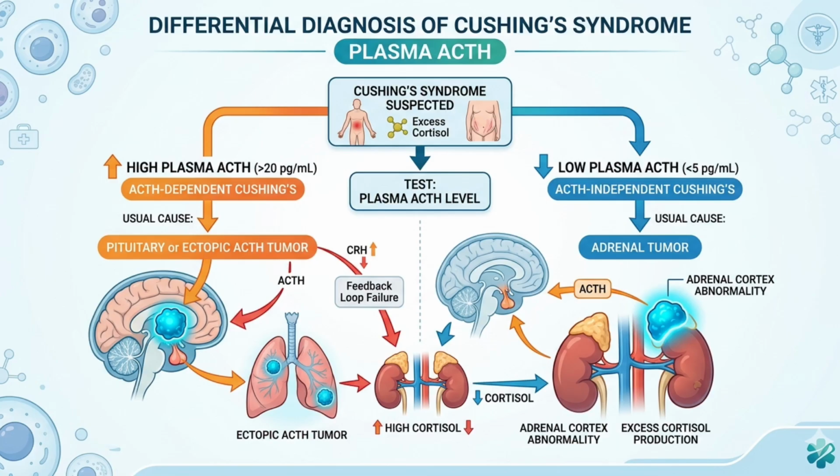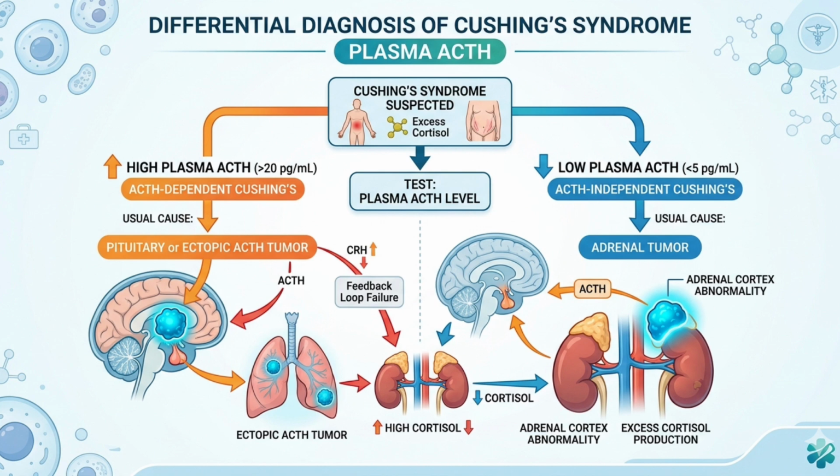To diagnose the cause of Cushing syndrome, we measure plasma ACTH. If ACTH is high, typically above 20 picograms per milliliter, the condition is ACTH dependent. This usually indicates a pituitary adenoma, known as Cushing's disease, or an ectopic ACTH-secreting tumor, often found in the lungs.